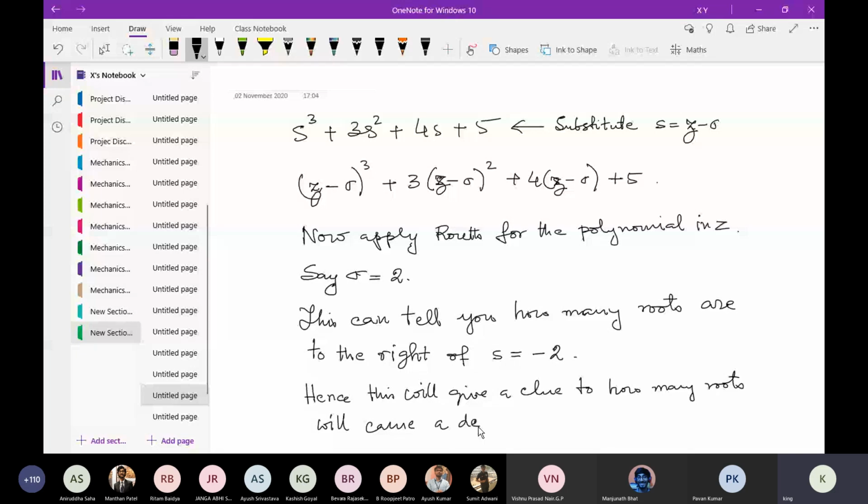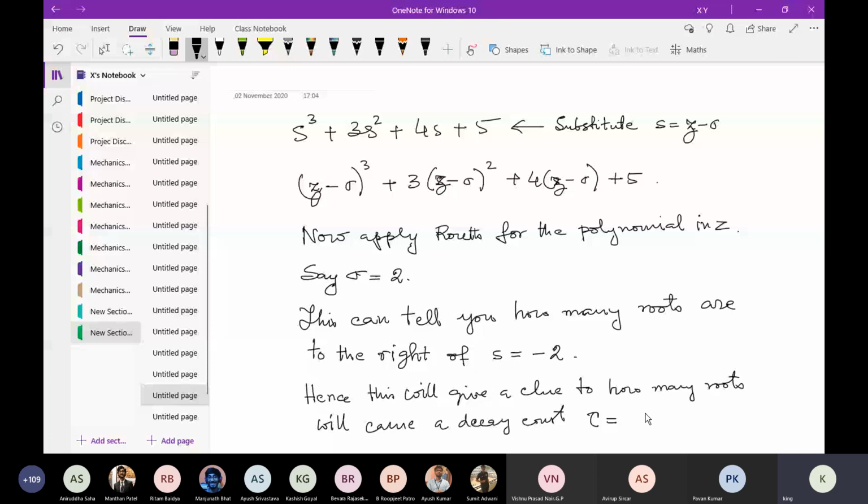Sir, here the origin is shifted to 2, right? The origin is shifted to s equal to 2. Yeah.